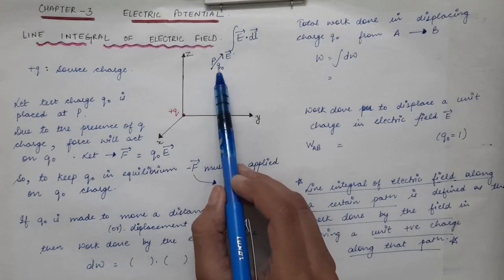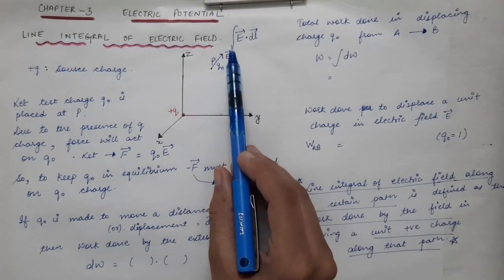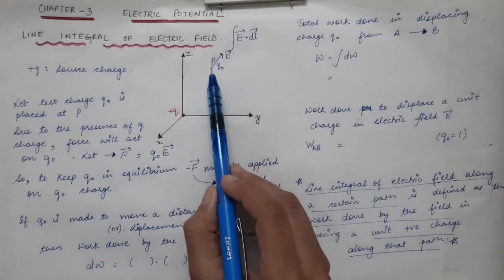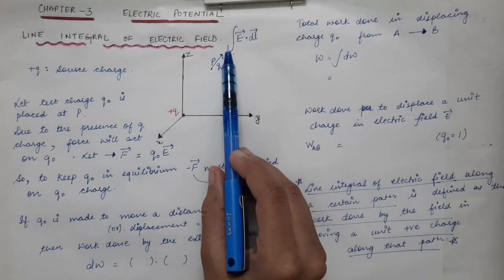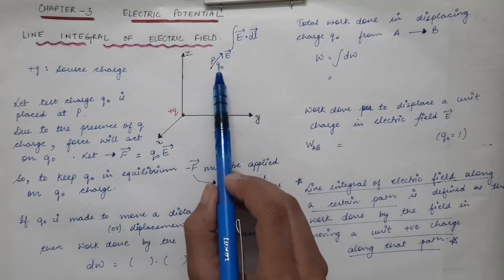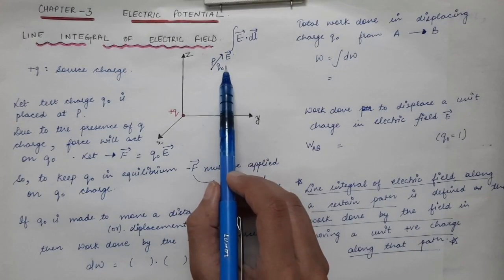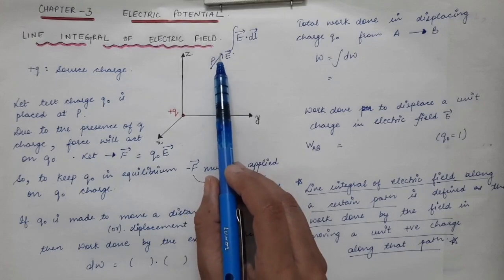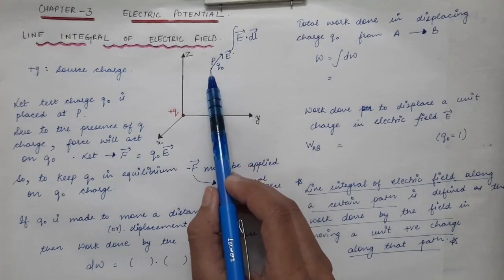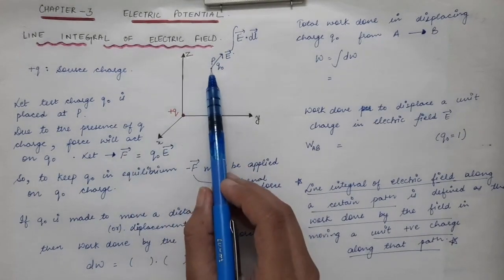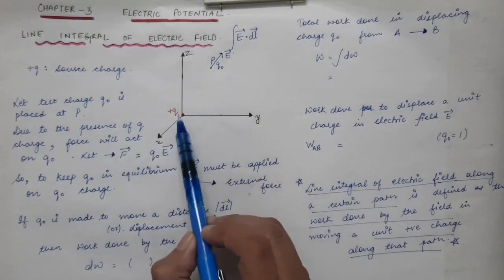The force will act in this particular direction, therefore the charge will tend to move in this direction, that is along the electric field strength. But to keep this test charge stationary, we have to apply the same force in the opposite direction.